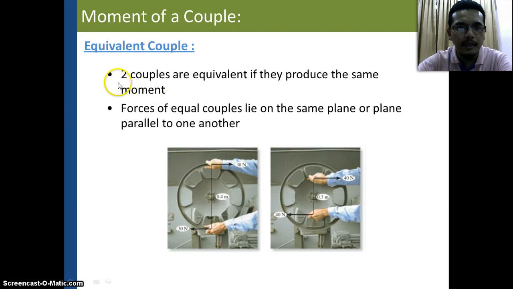Okay, we have here equivalent couples. Two couples are equivalent if they produce the same moment. The forces of equal couples lie on the same plane or planes parallel to one another.